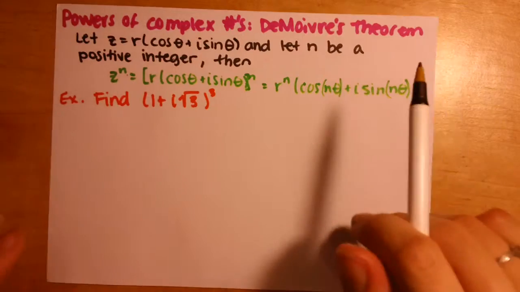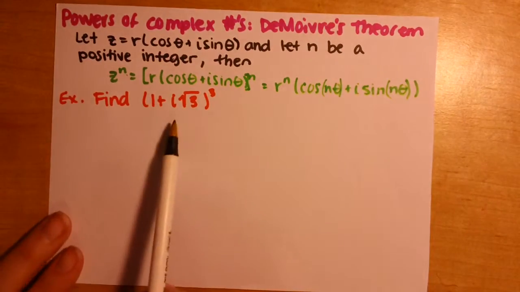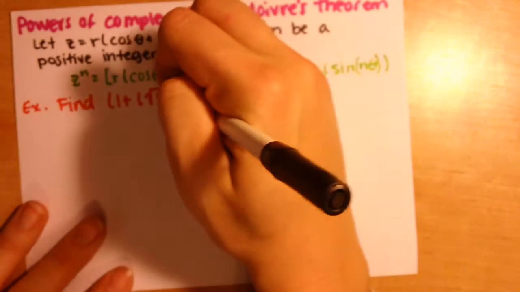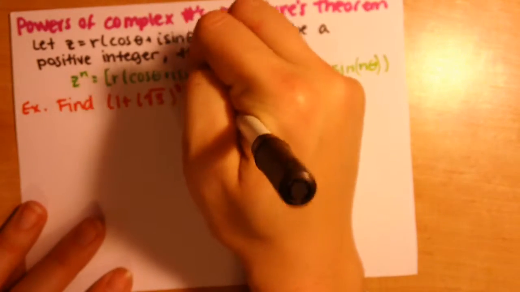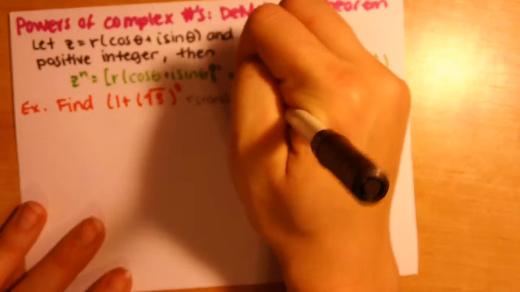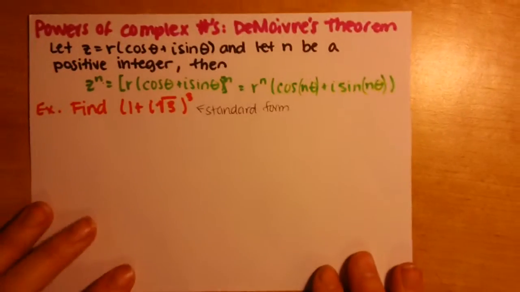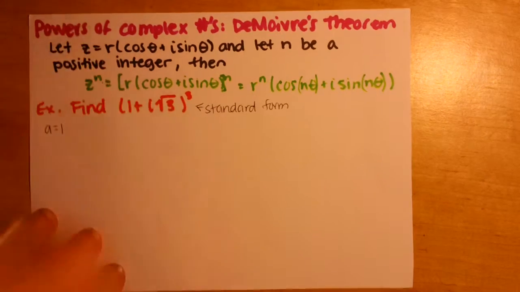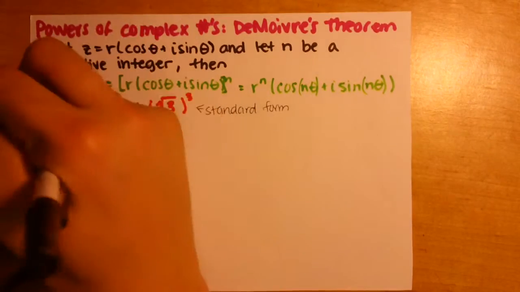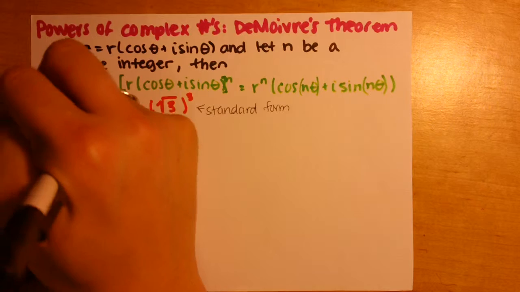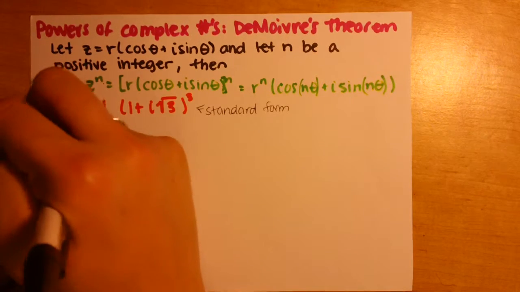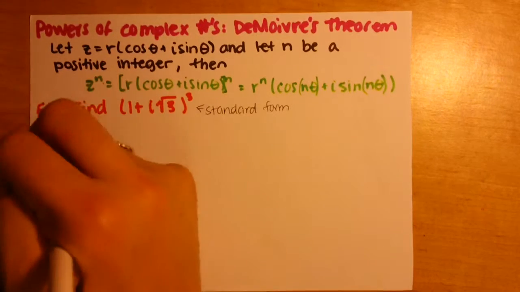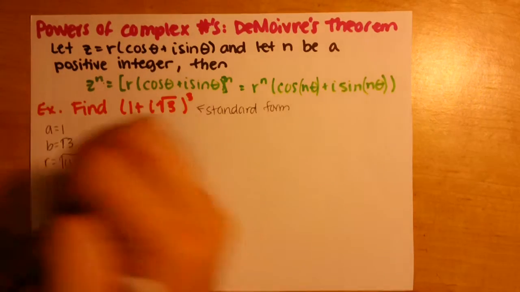Okay? So for these problems, right now I have it in standard form. So I need to change from standard form to trig form. So to change to trig form, just like we did before, a equals 1, b equals square root of 3, r equals the square root of 1 squared plus square root of 3 squared, so r equals 2.